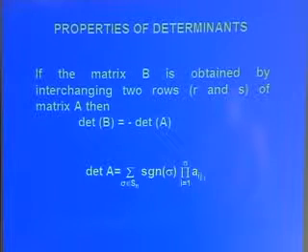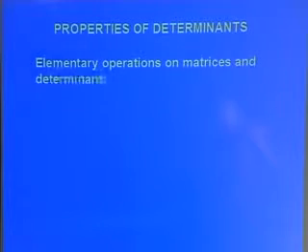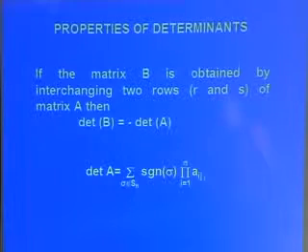This can be proved very easily from the definition, because if you are changing two rows, then the signum of sigma will change, the inversions will change, and one minus sign will come because of this. That is why determinant B is equal to minus determinant A.